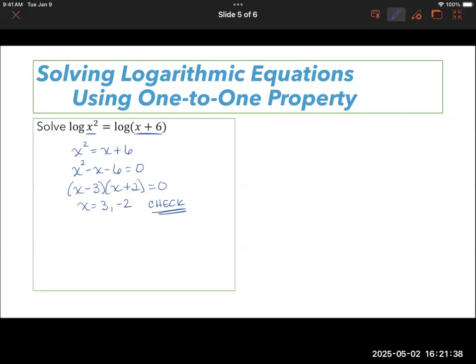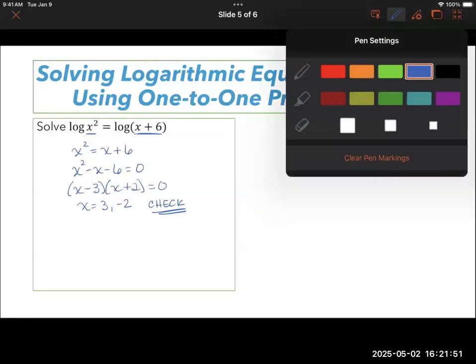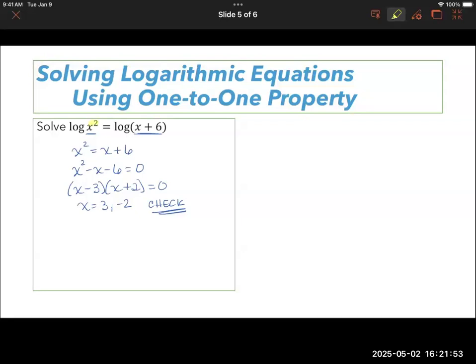You are only allowed to use positive values in logarithms. Now, be careful when I say that. That does not mean that x has to always be positive. It means that whatever it is we're taking the log of, so here the x squared and the x plus 6, that part has to be positive.